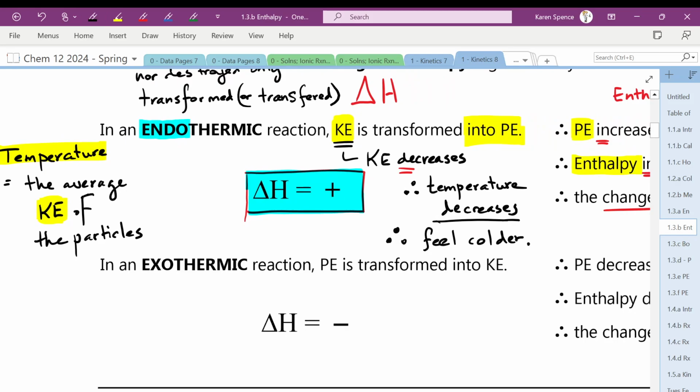Okay, now we have an exothermic reaction. And in an exothermic reaction, we are transforming potential energy into kinetic energy. So what is happening to our kinetic energy? The kinetic energy increases.